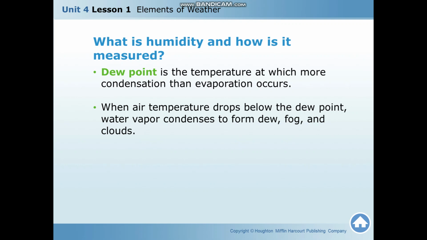So, meaning when the temperature of the air is below this dew point, then the dew, fog, and clouds are formed. Okay.